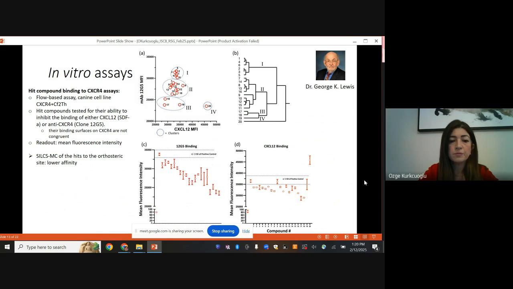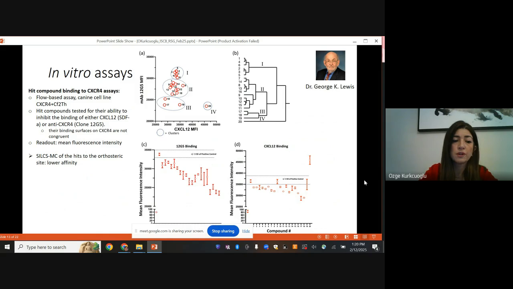Then they did a preliminary functional assay to understand if these compounds had agonist or antagonist activities. The assays were based on beta-arrestin recruitment and were performed at 1 concentration. For these assays, however, they did not note any significant effect for any of the hits.